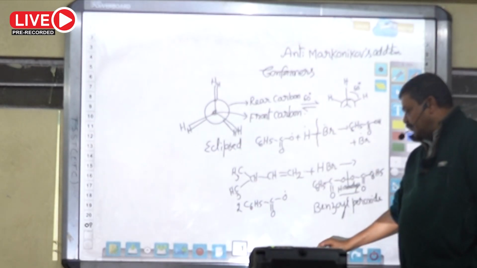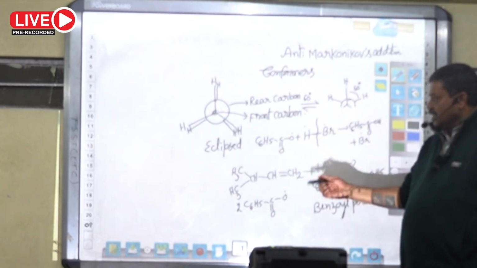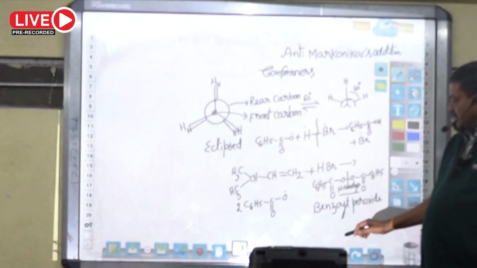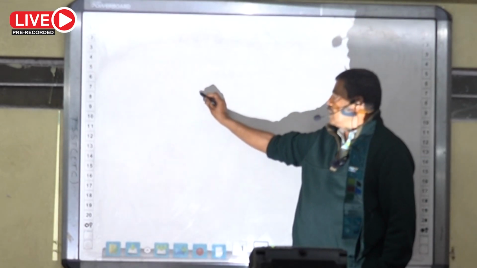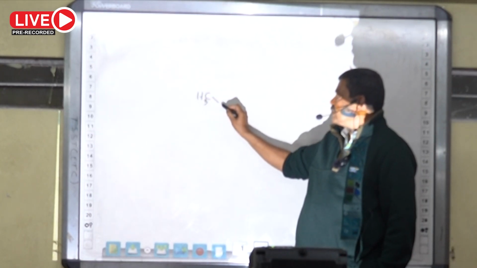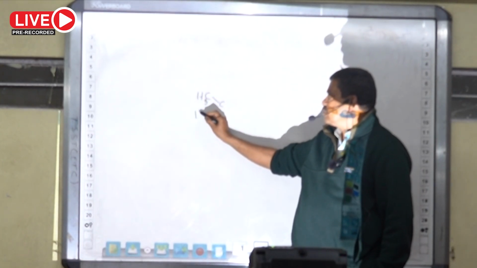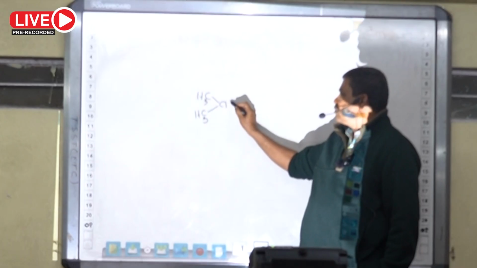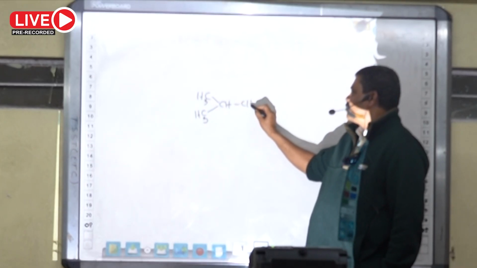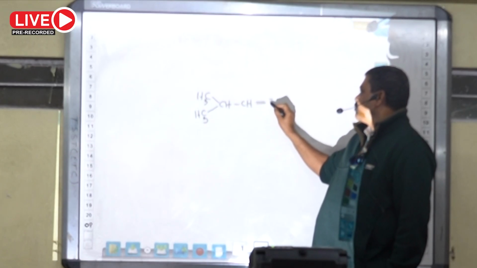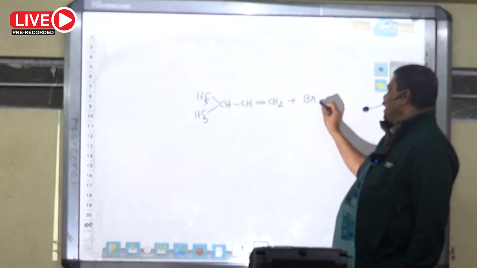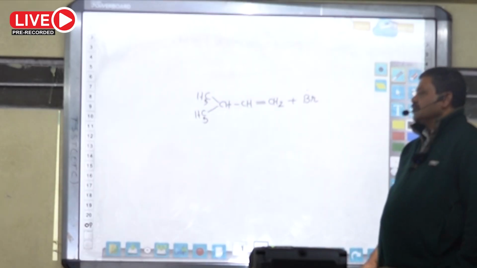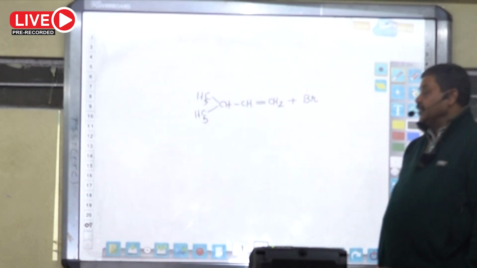Now this Br free radical, in the next step, I am changing the page. Now this is what we have taken. Now Br free radical attacks the alkene.